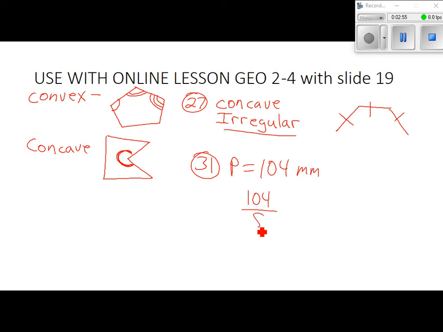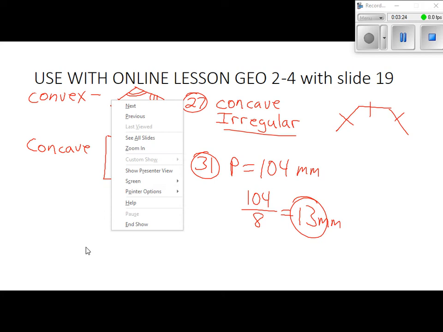What's 104 divided by 8? 13. Oh, so it's 13, sorry, I forgot my units, millimeters. Next question. 33.